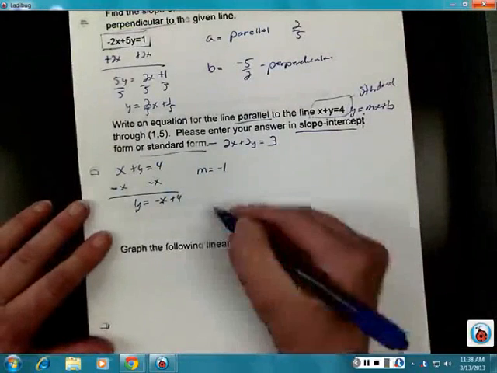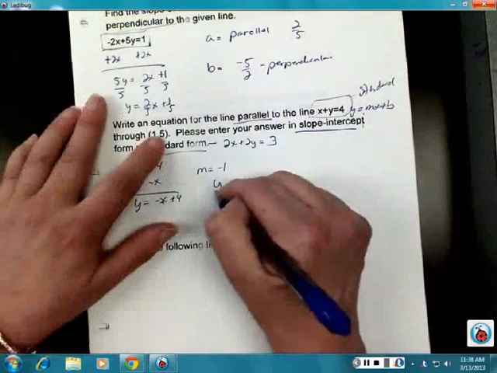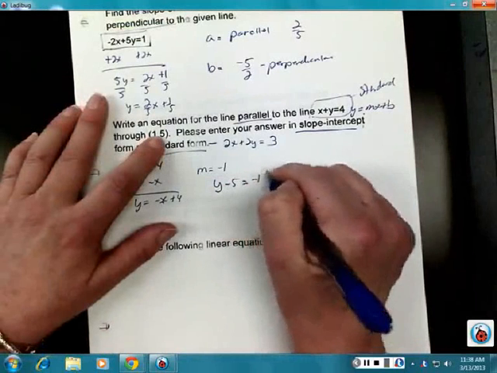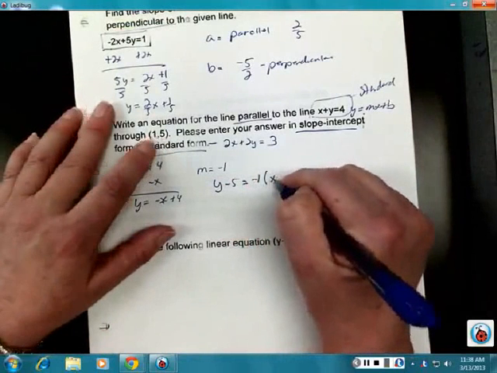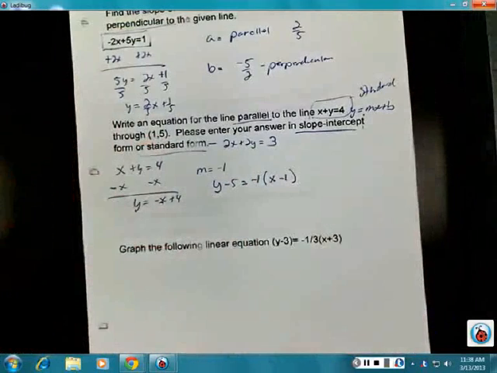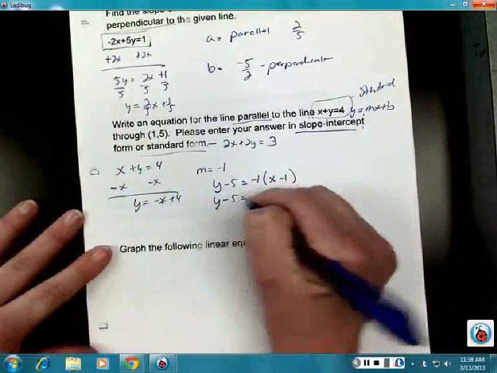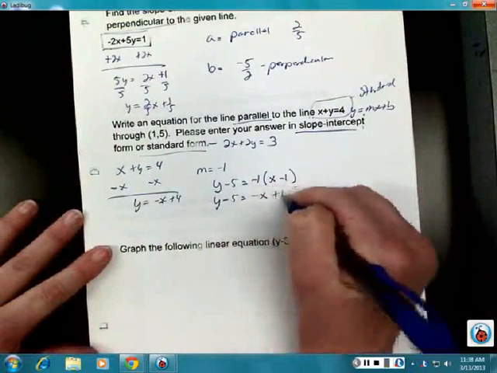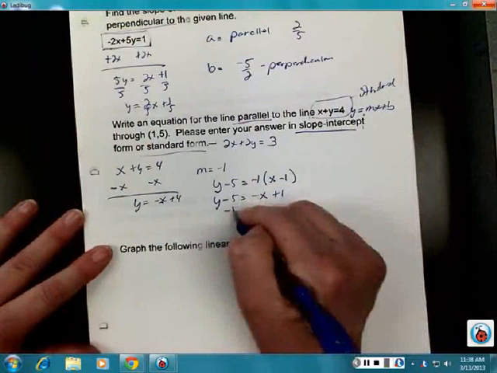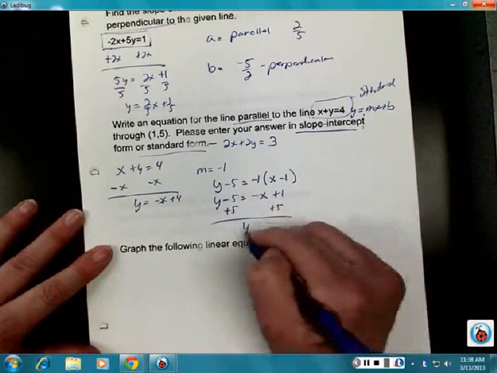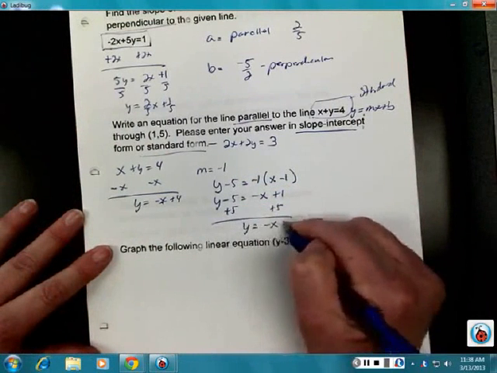Then you just simply put it in: y minus 5 is equal to a negative 1 times x minus 1. And you solve it. Move your 5 over, and y equals a negative x plus 6.